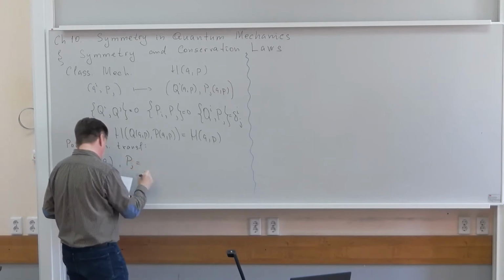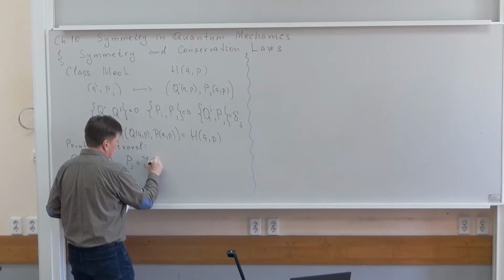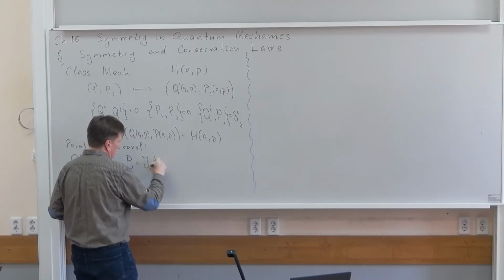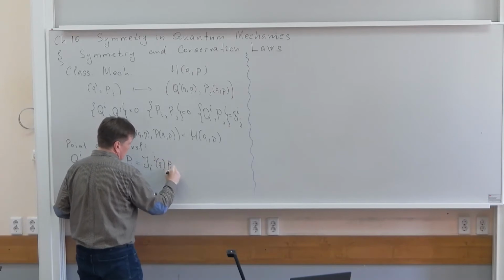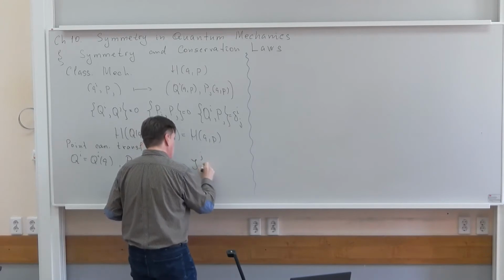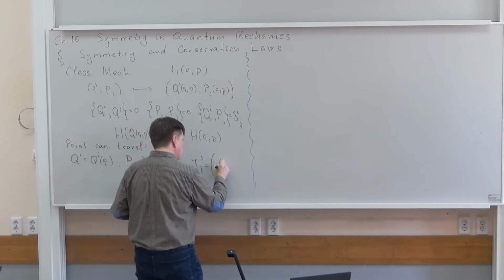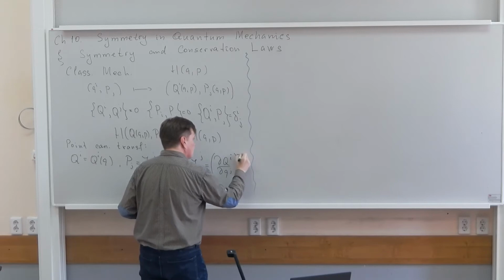P_j is given by some matrix J of q times p, where J_ji is given by (dQ_i/dq_j) to the minus 1.